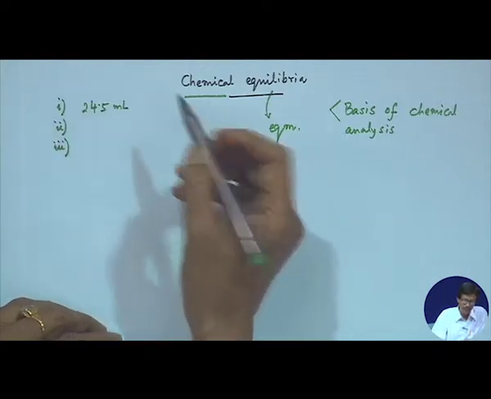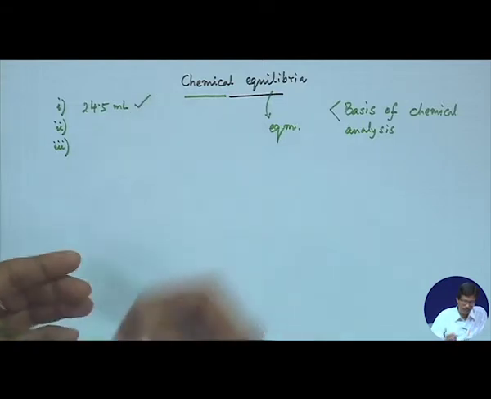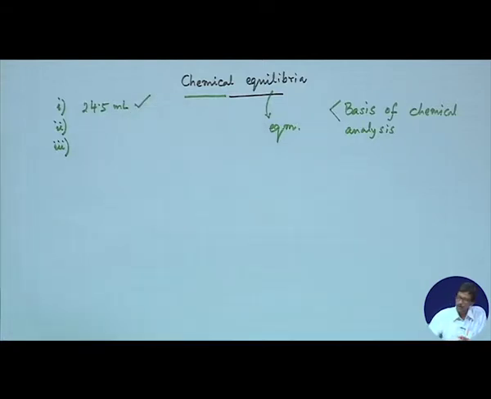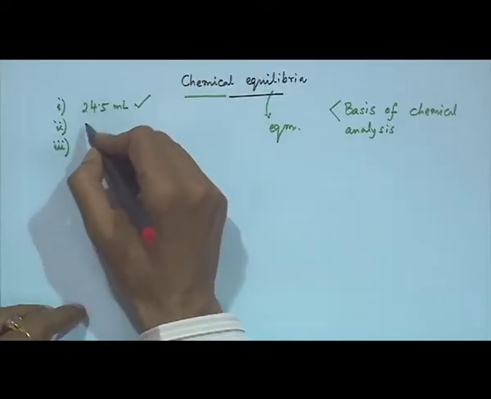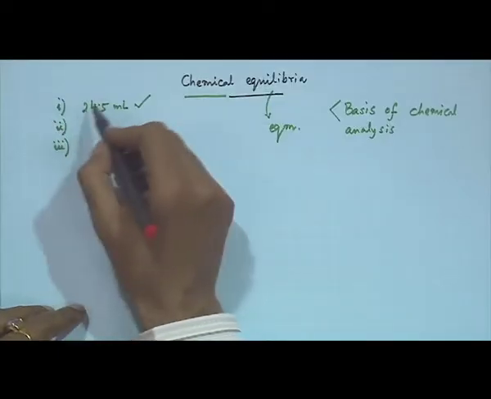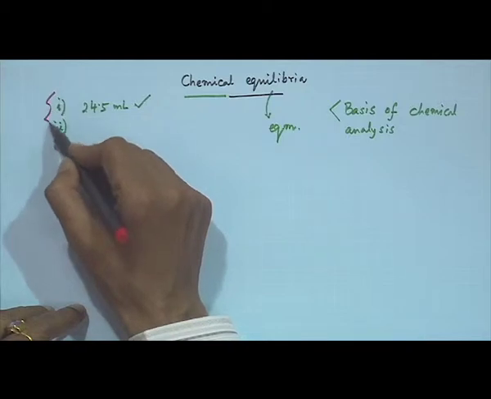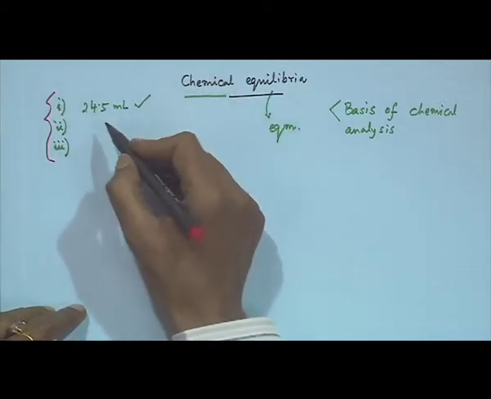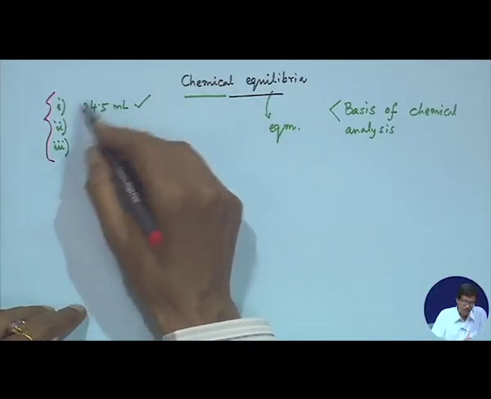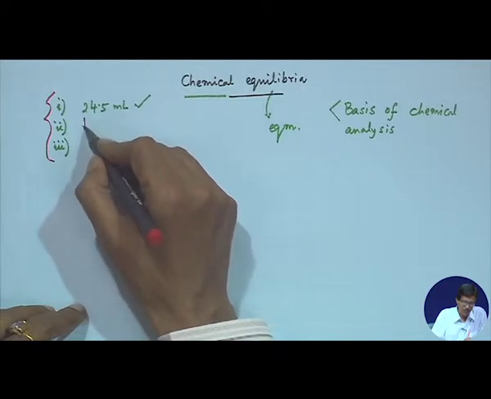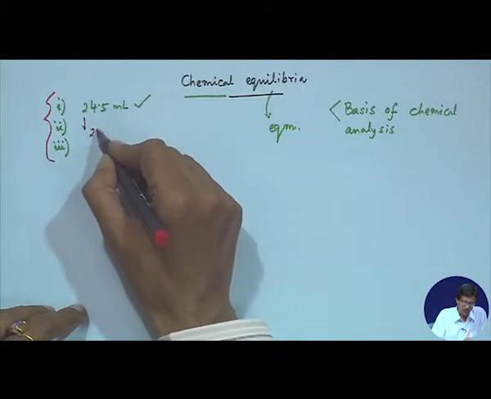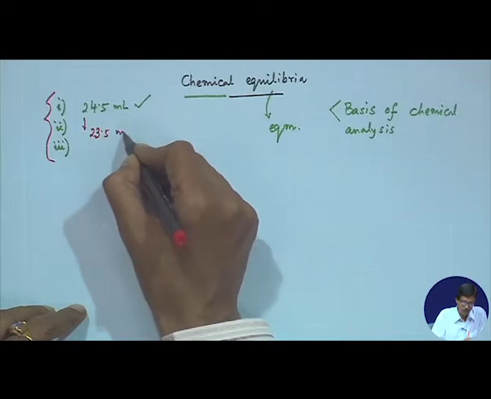Then we have the second titration, and then the third titration. Once we get the volume for the first titration, we can expect something for the second titration, because we have to take the average of all these three having concordant values. So, in the second case also we straightaway add say 23.5 ml.